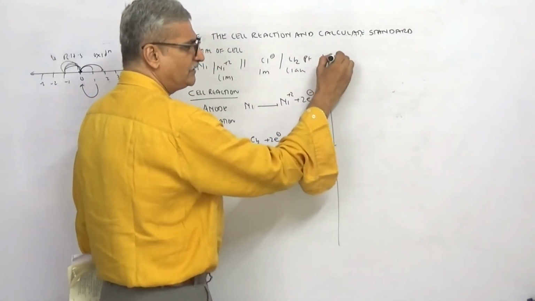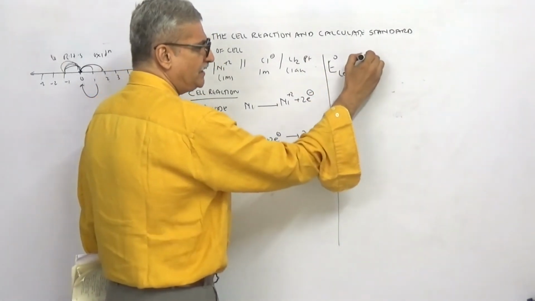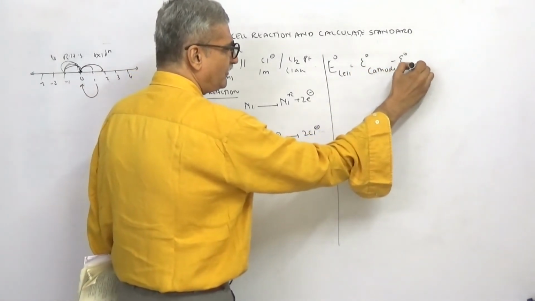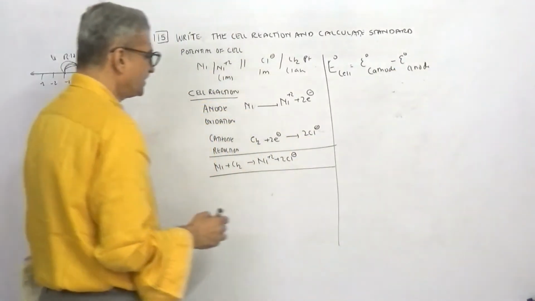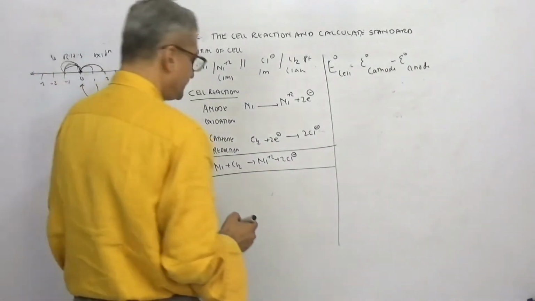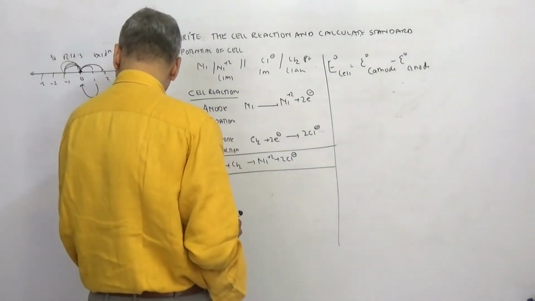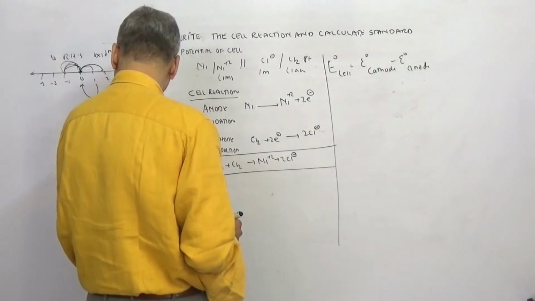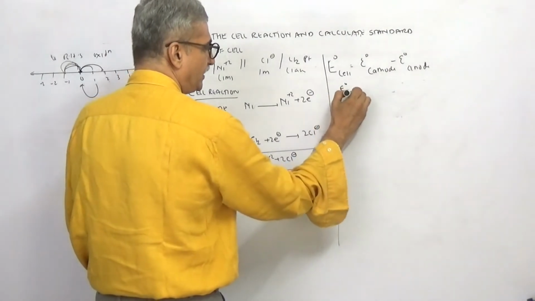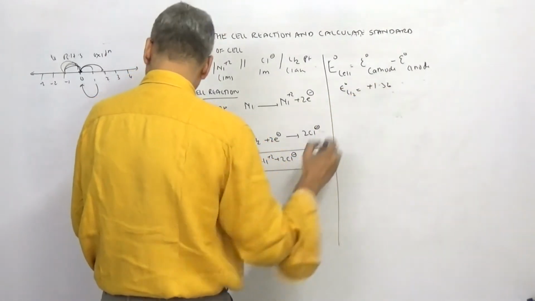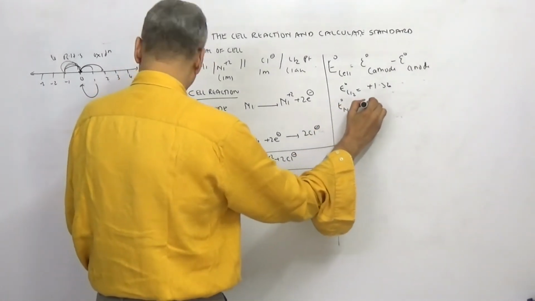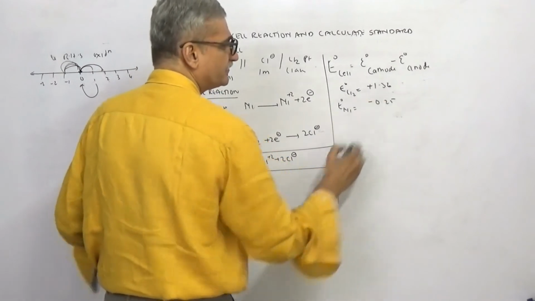Now what do we have? We have E naught of the cell will be E naught of cathode minus E naught of anode. So your cathode is chlorine. E naught of chlorine will be plus 1.36 and E naught of nickel will be minus 0.25.